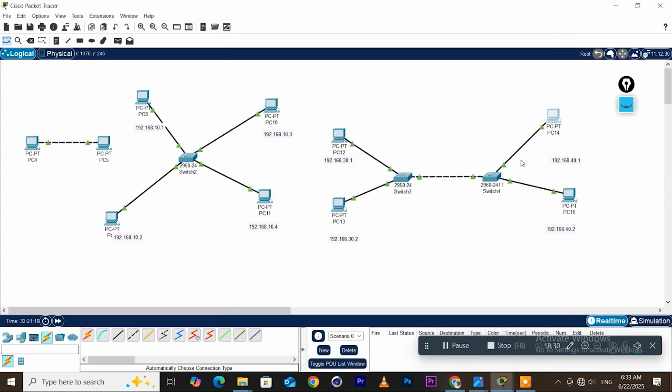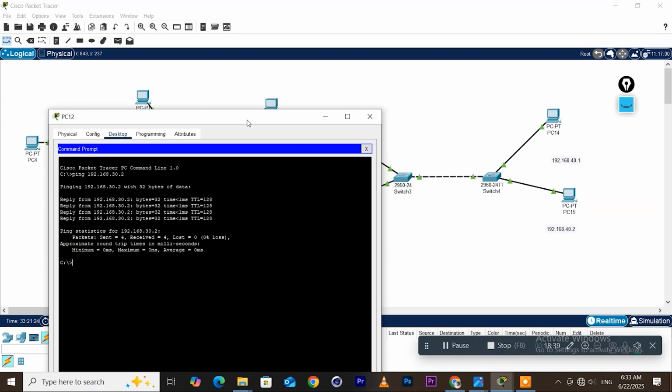So now let's see if this PC can ping this PC. Now say ping 192.168.40.1. Okay, ping.